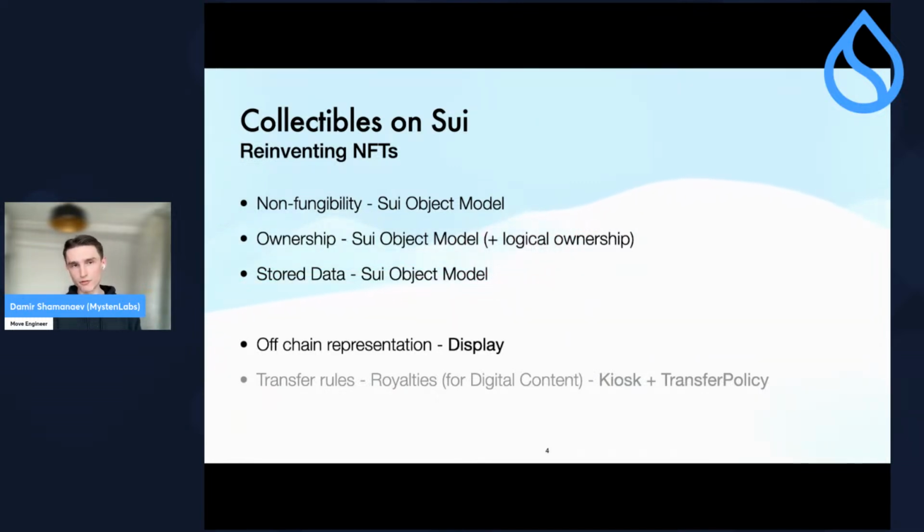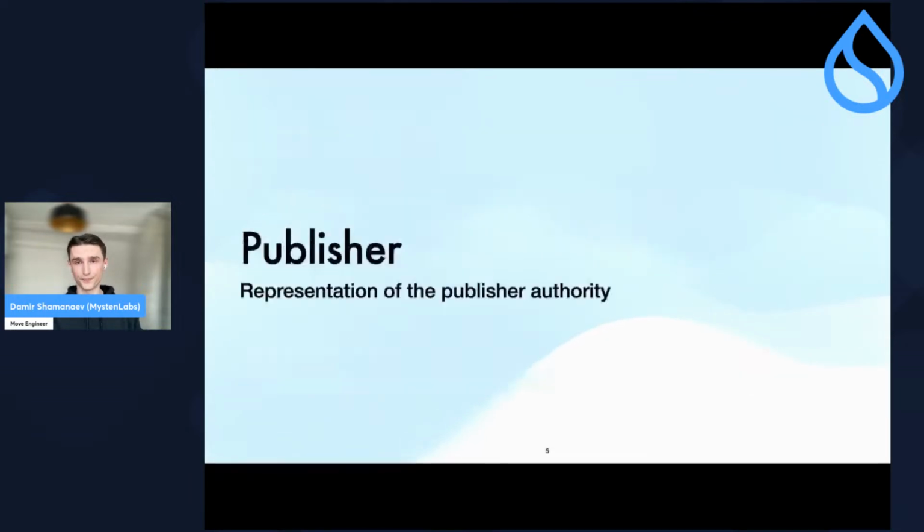For off-chain representation, this link between the object in Move, the object as data, and its off-chain representation, we create a Display. There's also a mention of transfer rules and royalties. They are also collectibles related, but we won't go over them today.